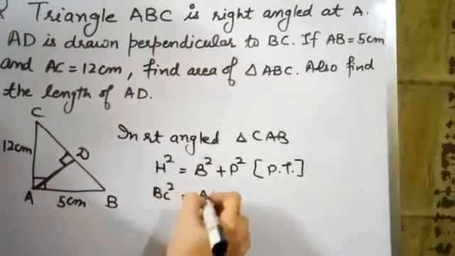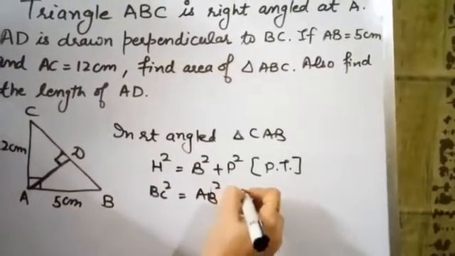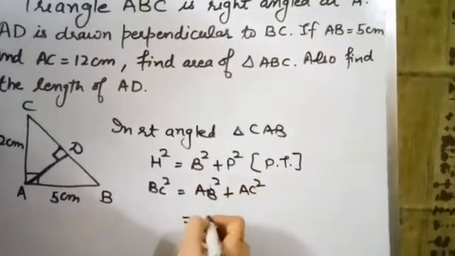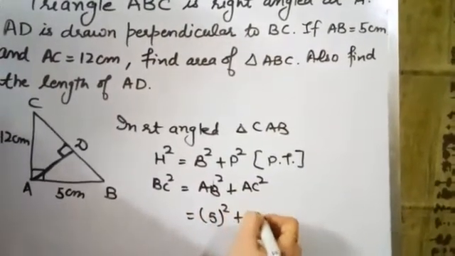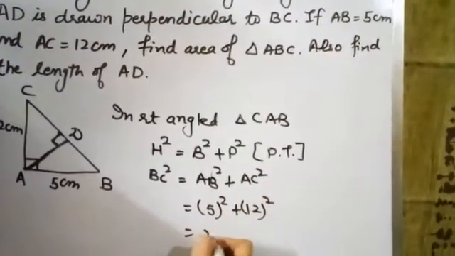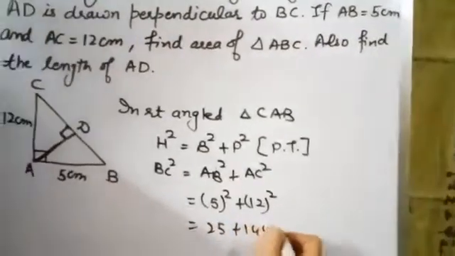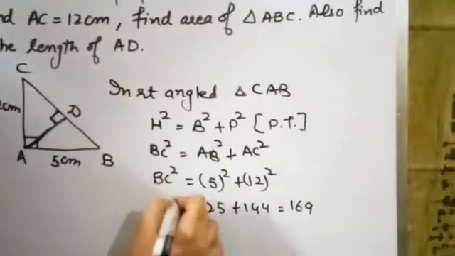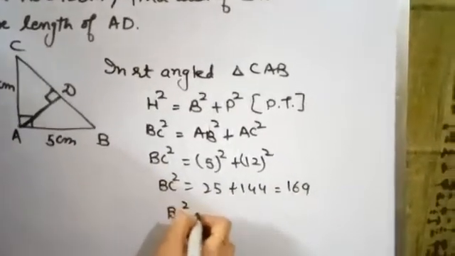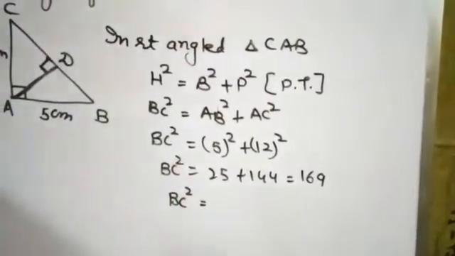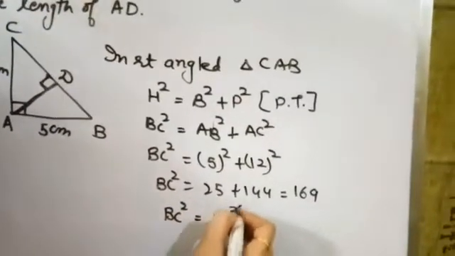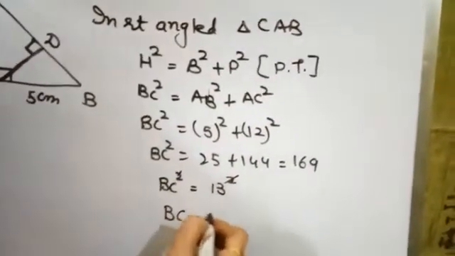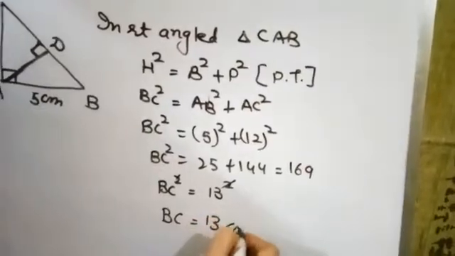Base is AB square, which is given to us, and perpendicular AC is also given to us. 5 square plus 12 square, 25 plus 144, that is 169. So BC square is equal to 169. So we convert 169 to square of a number, that is 13 square. So the value of BC is 13 centimeter.